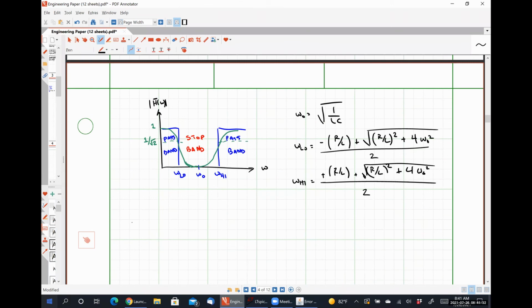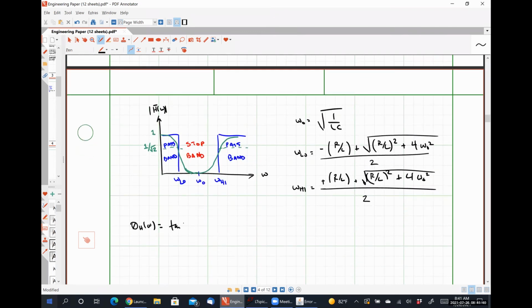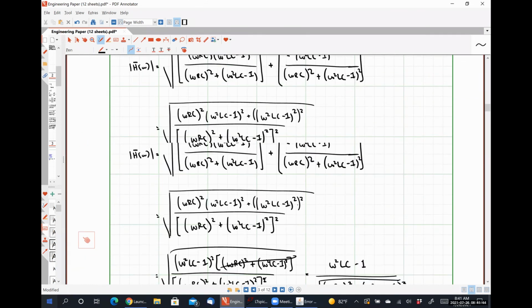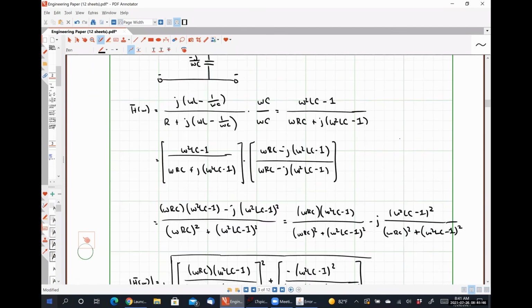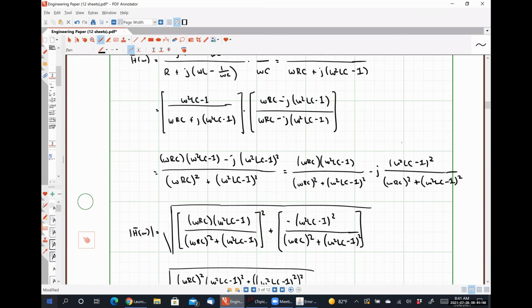If we look at our phase response, theta h of omega is going to be the inverse tangent of, if we look up here at the imaginary part, we can see that we're going to have an omega squared LC minus 1.